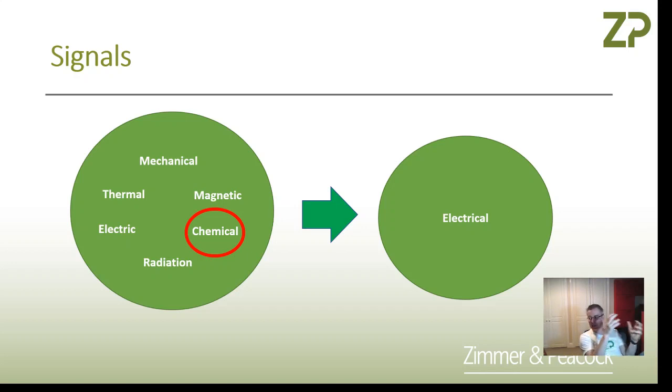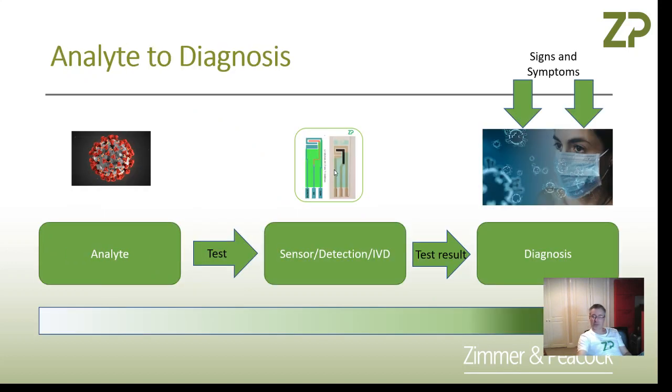We live in a chemical and biological world, and it's a very good science or technique for converting it into electrical signals, because we then live in a very electronic world, with computers, big data, the internet. We need to convert these things into bits and bytes, and electrochemistry is really good at that. Now, we are interested in biosensors.